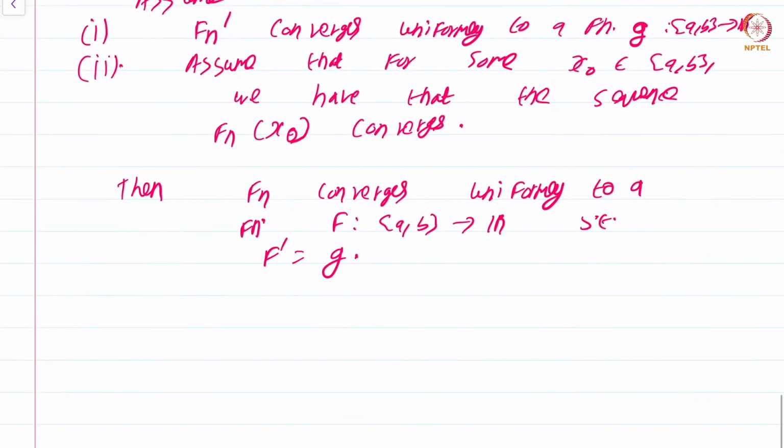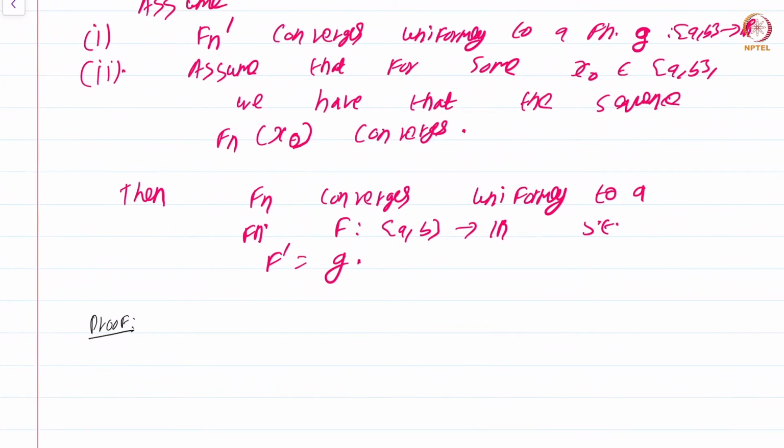Proof. So how should we approach proving this theorem? We already know that uniform convergence behaves very nicely with respect to integrals. So what we are going to try to do is to somehow apply the previous theorem about uniform convergence and integrals. But the hypothesis we have here is the uniform convergence of the derivatives.